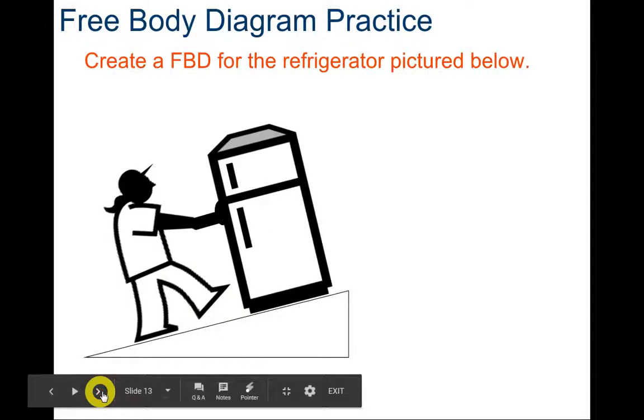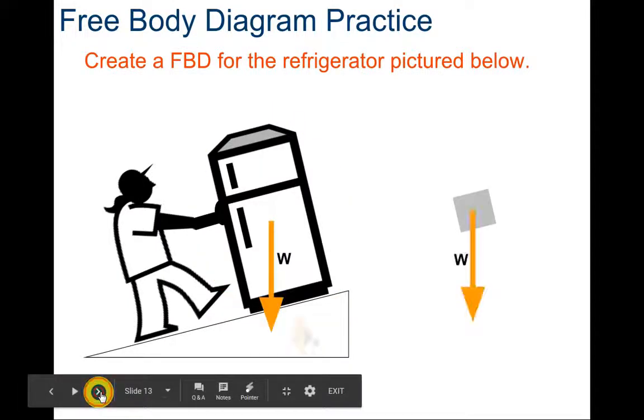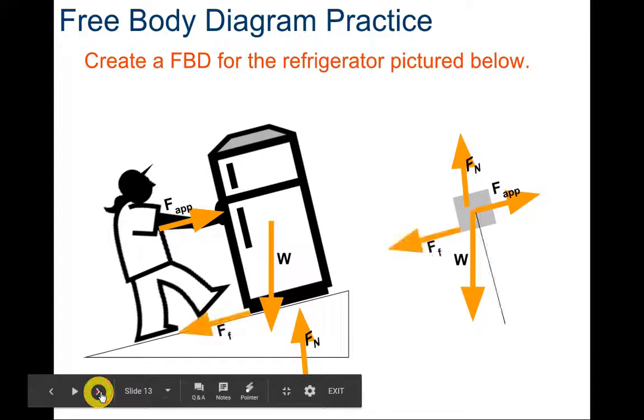So I said that they get more interesting, and in fact they do. Let's get a picture of a refrigerator man, and we can just have a little ramp, a rectangle to represent the refrigerator, and a little stick guy. So he's pushing. The weight of the refrigerator is pushing.